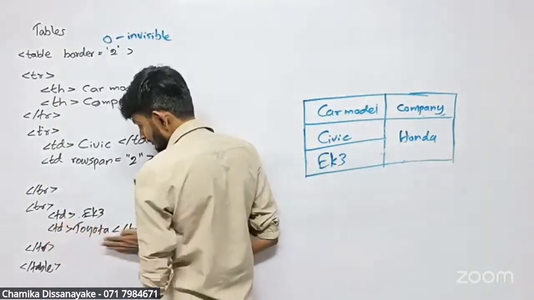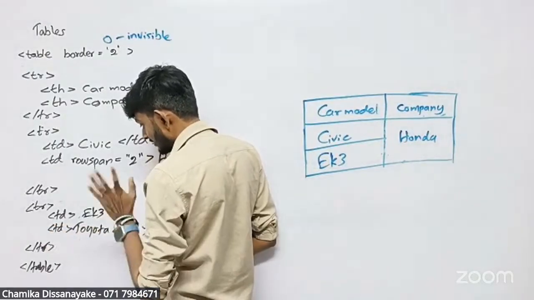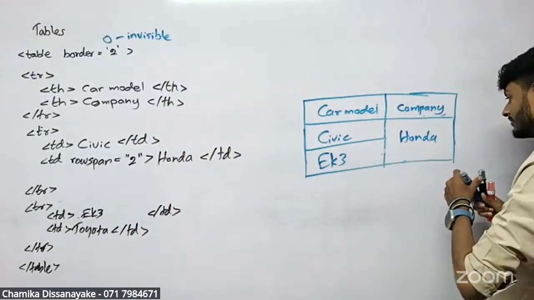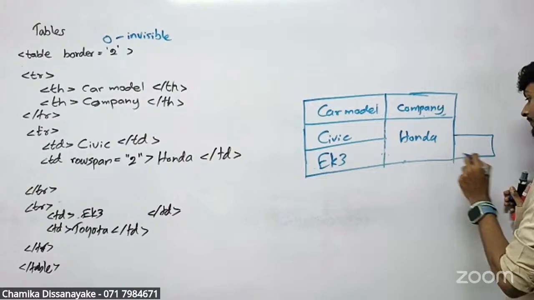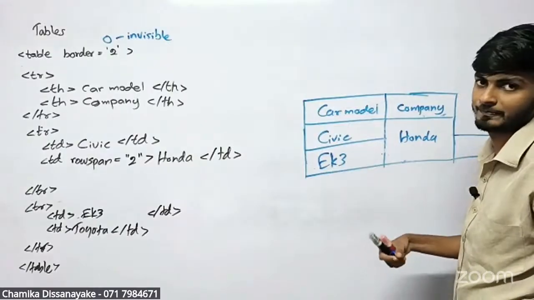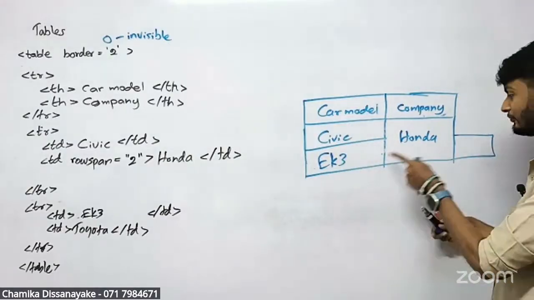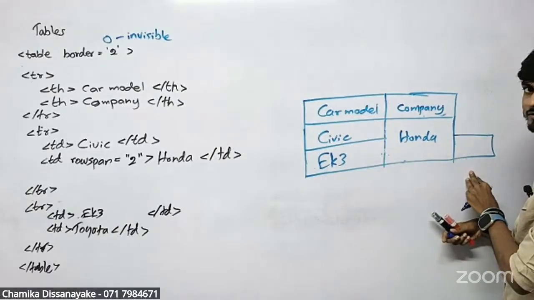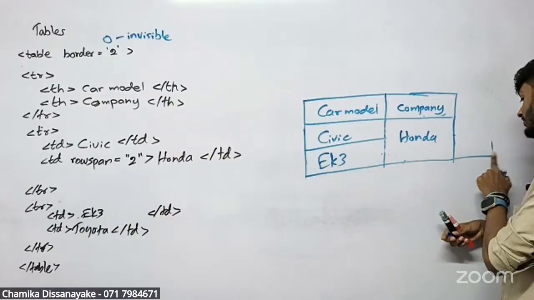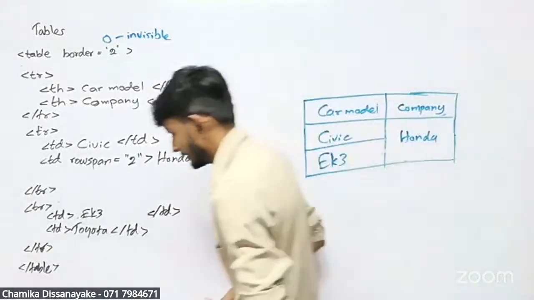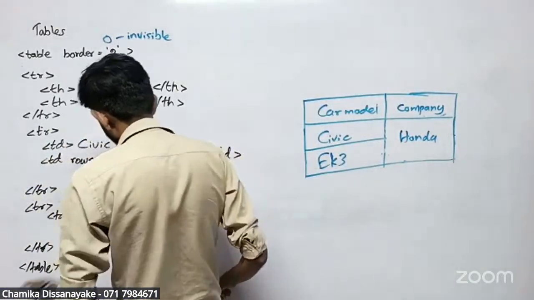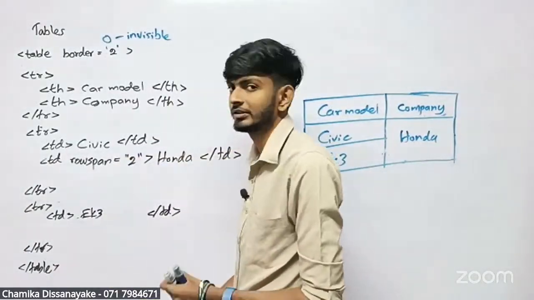If we have a second TD, what will happen? It will create another cell in here. And you remember, if we have a different number of columns in another row, it will create another column. We don't need that. So we can remove the second row, because it has been created in the second row.